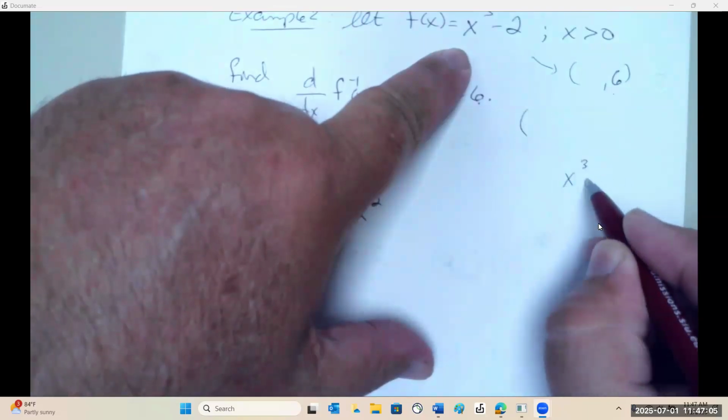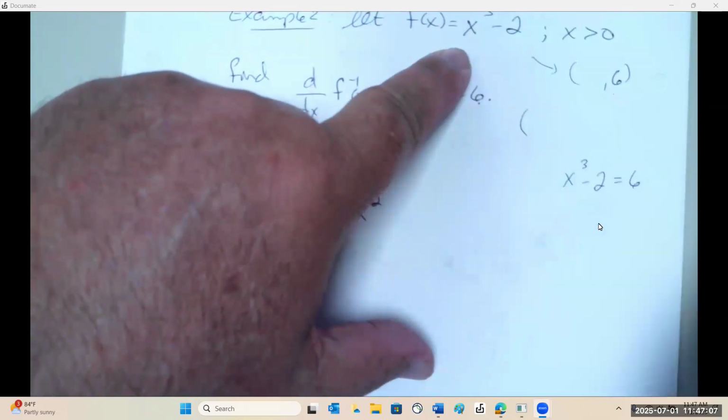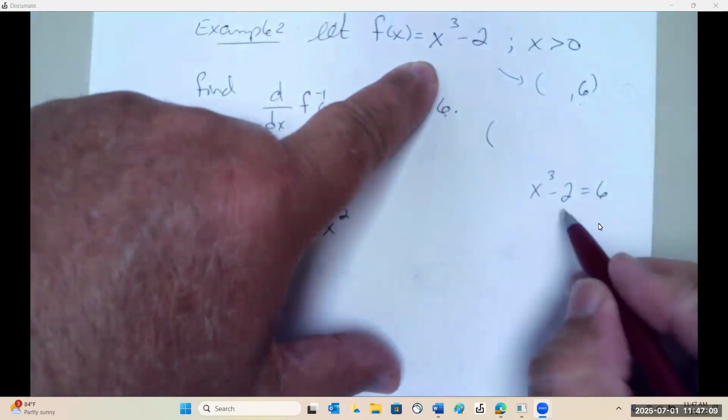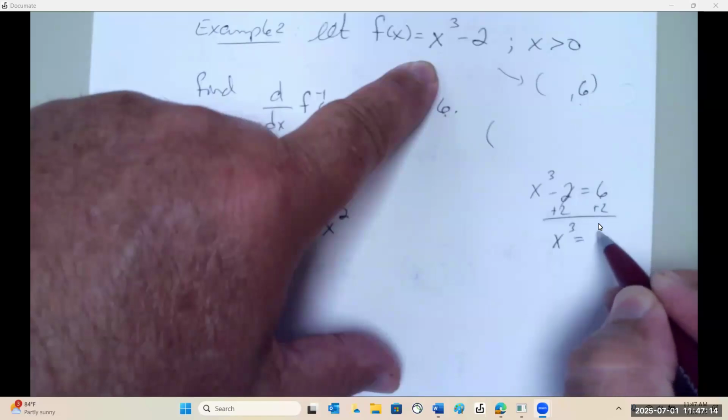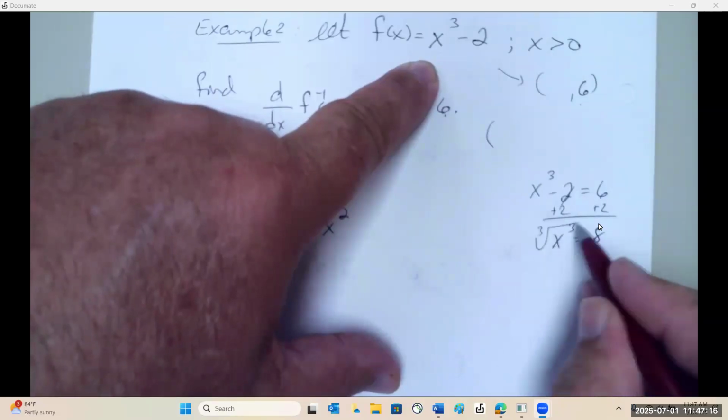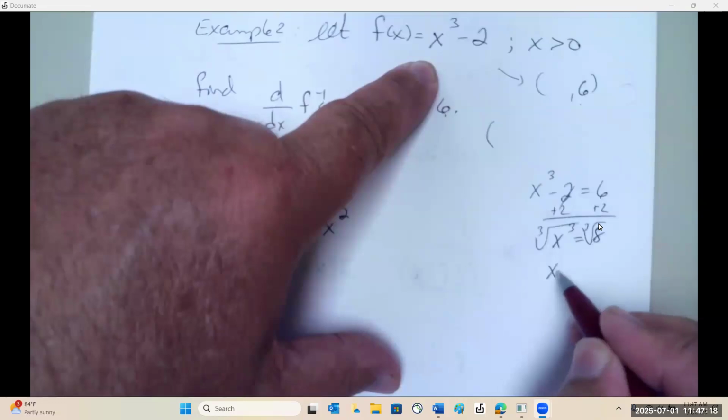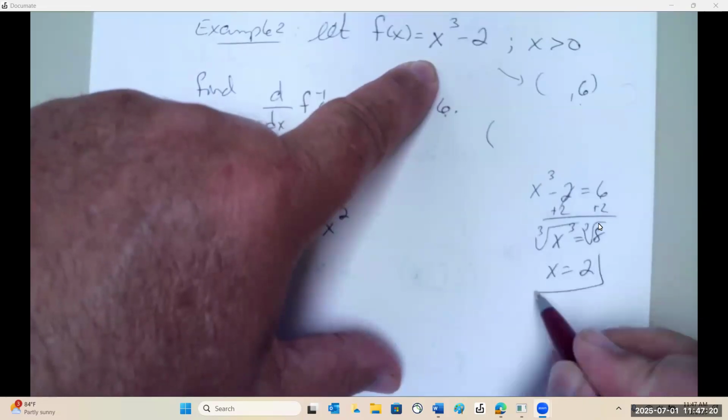X cubed minus 2 equals 6. Add 2 to both sides. X cubed equals 8. Cube root of both sides, so x equals 2.